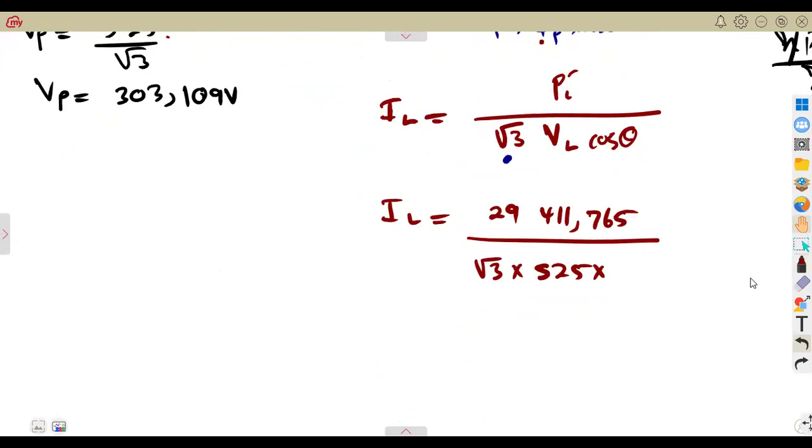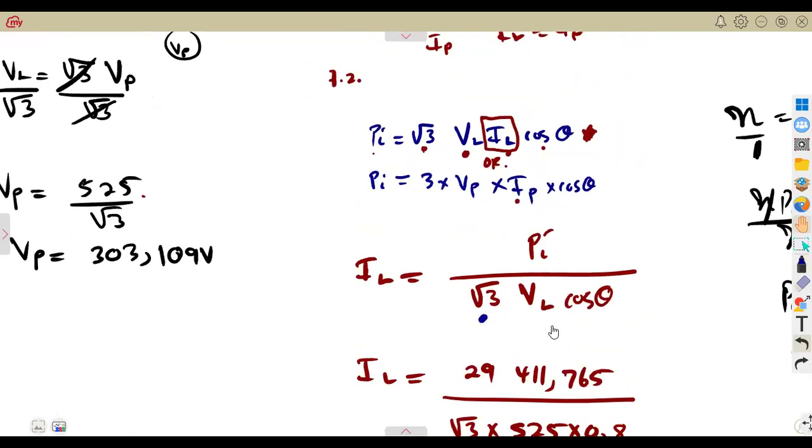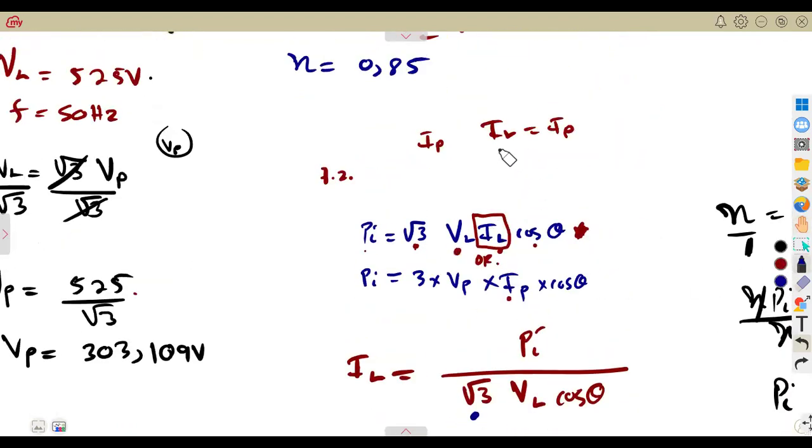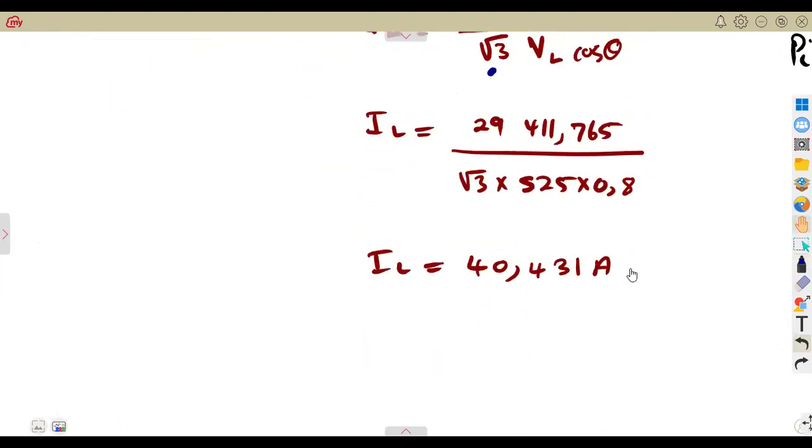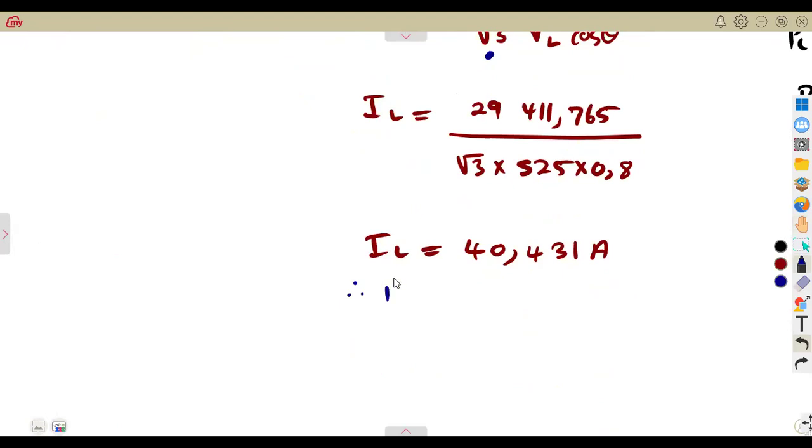This gives you a current of 40.431 amps, which represents the line current. As we know, in a star the line current and the phase current are the same, and we are being asked to calculate the phase current. Therefore, phase current is equal to 40.431 amps. These two are exactly the same in a star.